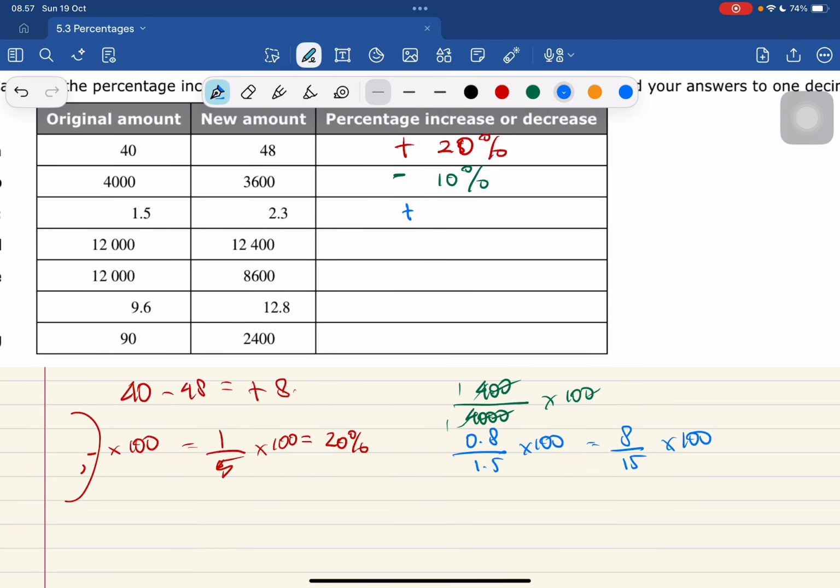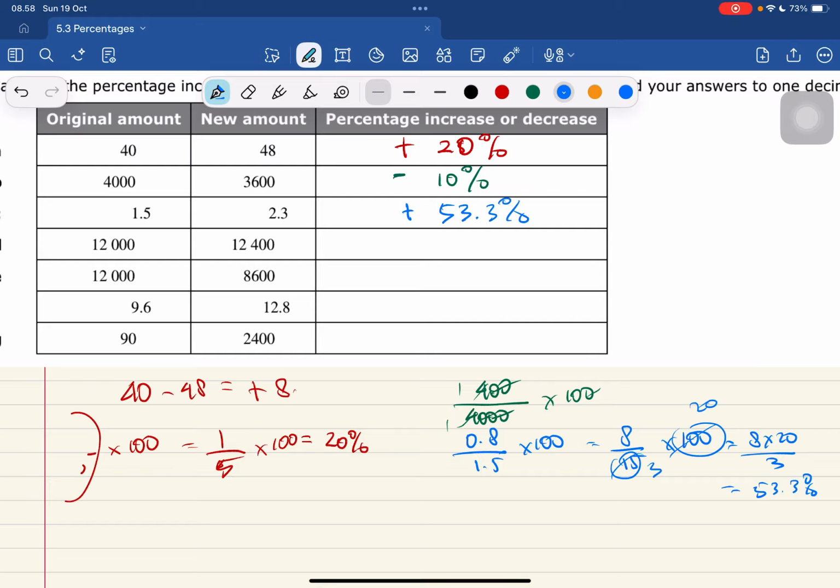So we can divide by 5. So it's going to be 8 over 3, because we divide by 5. It's going to be 20 divided by 5 is 4. Okay, so this is going to be 53.3%. So this is increased by 53.3%.